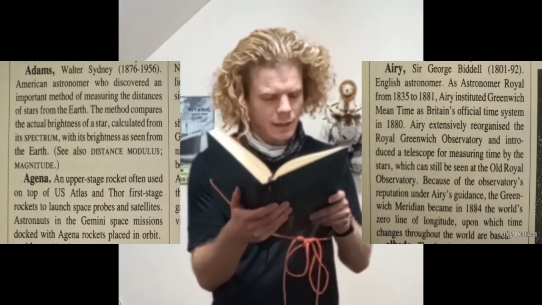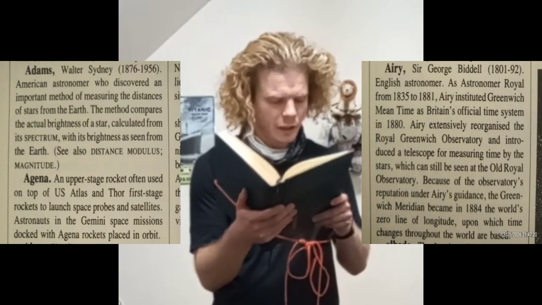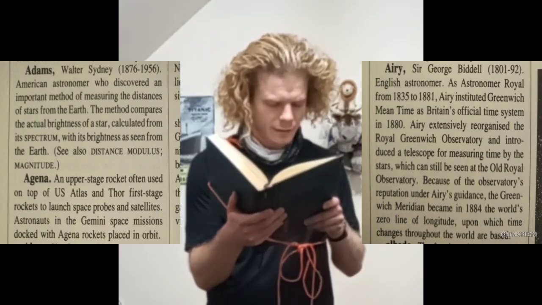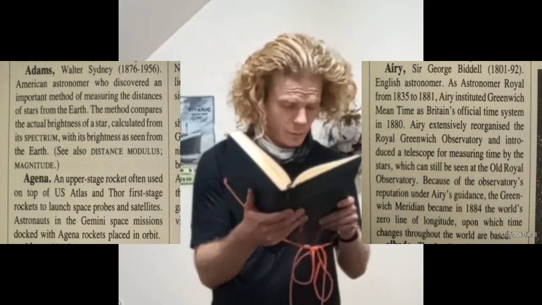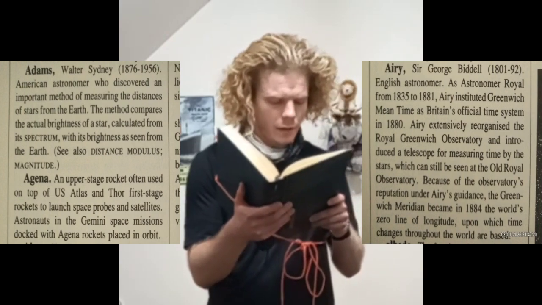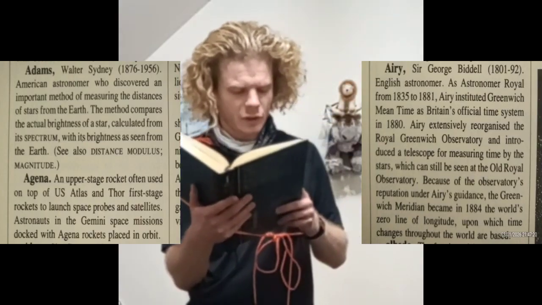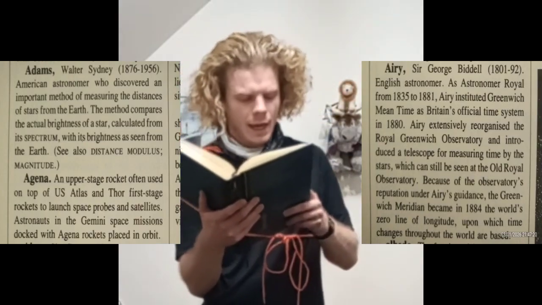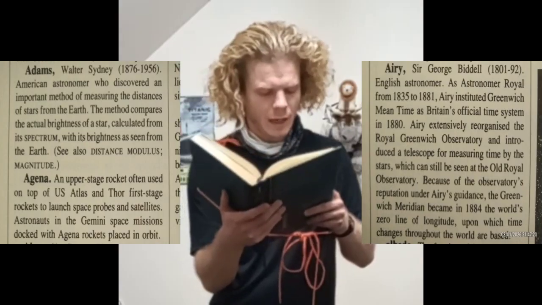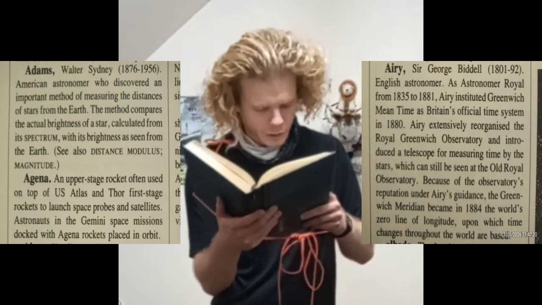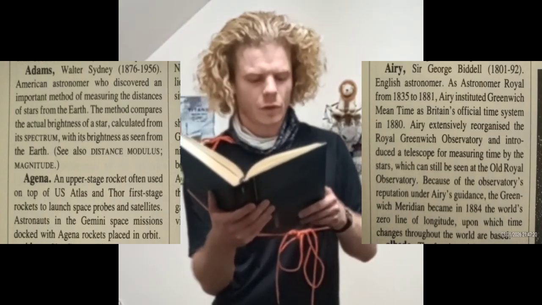Airy extensively reorganized the Royal Greenwich Observatory and introduced a telescope for measuring time by the stars, which can still be seen at the old Royal Observatory. Because of the observatory's reputation under Airy's guidance, the Greenwich Meridian became in 1884 the world's zero line of longitude upon which time changes throughout the world are based.